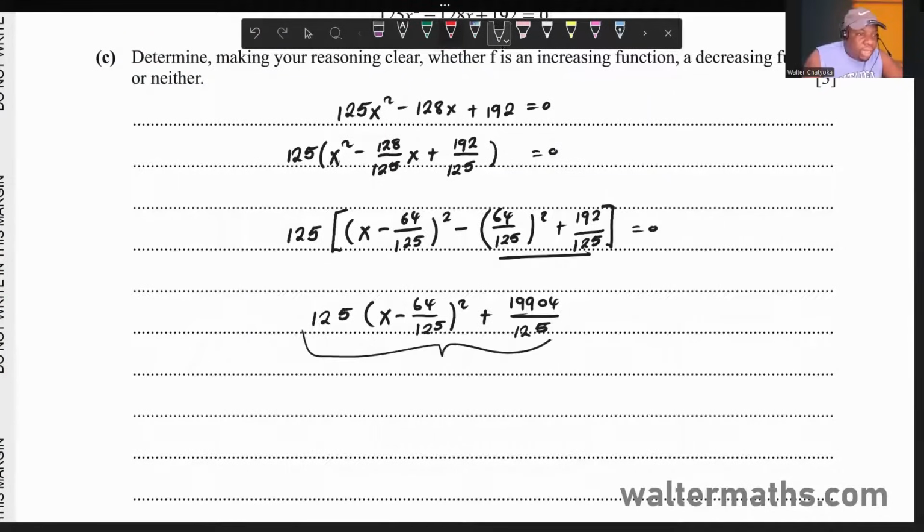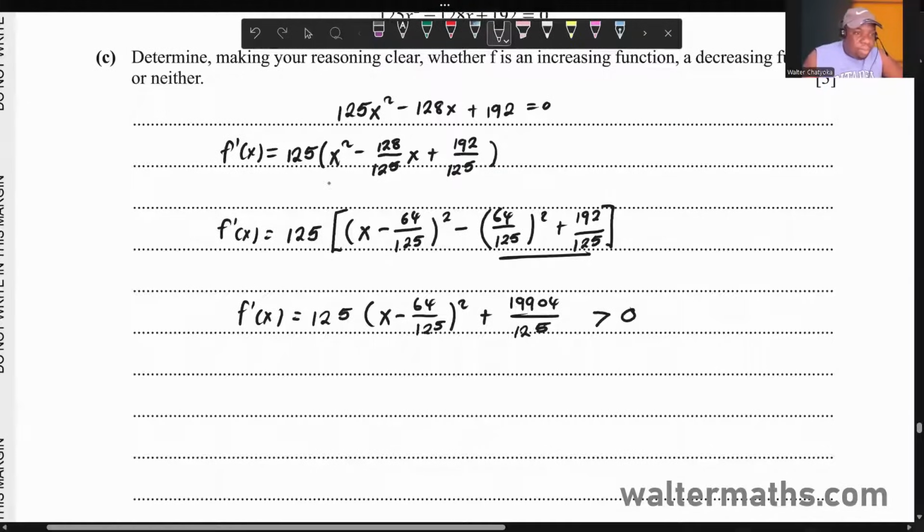And if you look at this expression that we're getting, if we just consider this thing that we completed the square to be f prime of x, you can see that this is always going to be greater than 0, and that is for all values of x, because 125 is positive. This square is always positive for all values of x, and that's plus a positive. So this whole thing is always going to be positive for all values of x, basically.